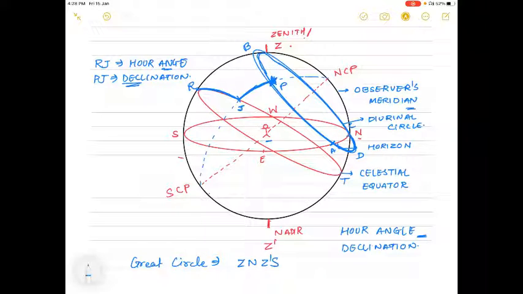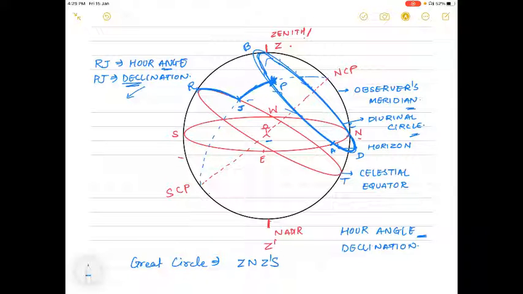If you imagine a bit, as the star follows its diurnal path, the declination angle will not change. The declination remains the same wherever the star goes, but the right ascension, RJ, changes as the star follows its diurnal motion.